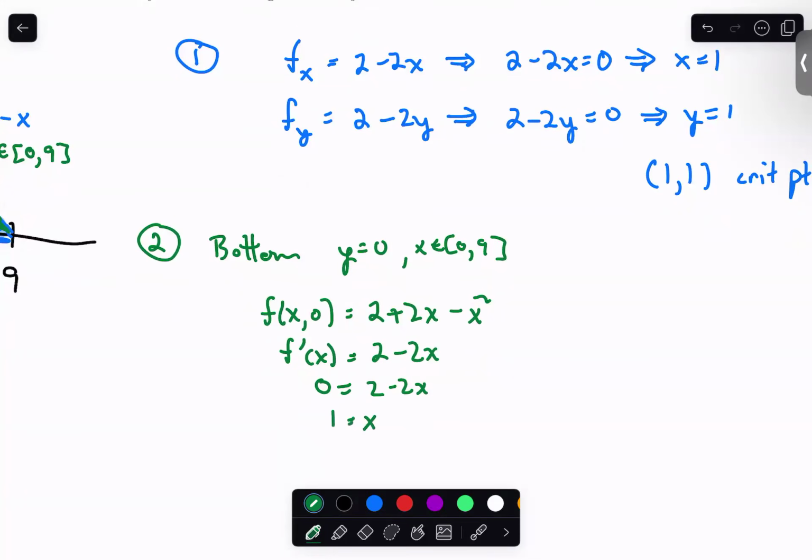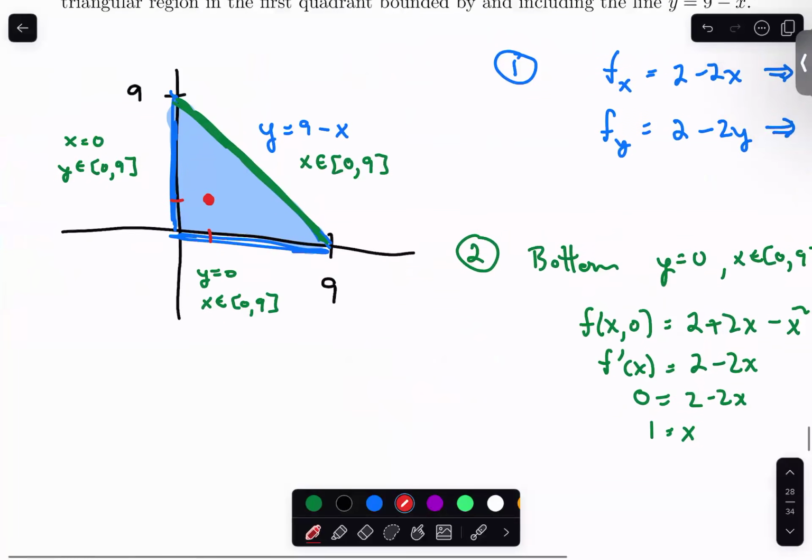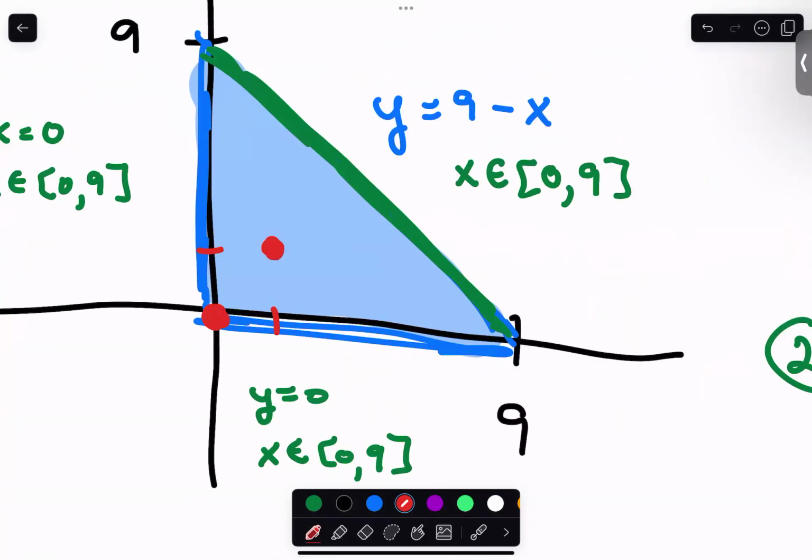It looks like we have one when x is equal to 1. Of course, we are on the curve y equals 0 currently, so that means the point (1, 0) should be added to our list. We can also add our endpoints at this time. Those are (0, 0) and (9, 0). So I can go over to my picture again: (0, 0), (9, 0), and (1, 0). Those are all my points of interest along that bottom curve.